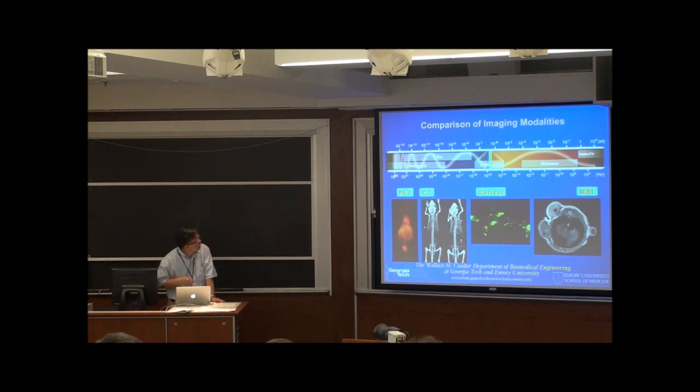And this is actually more like a time domain, in terms of frequency, okay? So you can see that different imaging modalities cover different ranges in terms of both the spatial dimension and the time, okay?